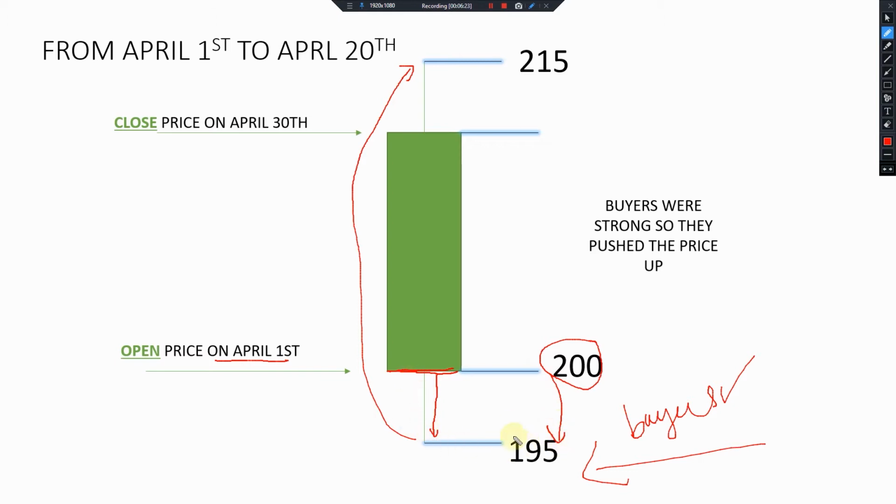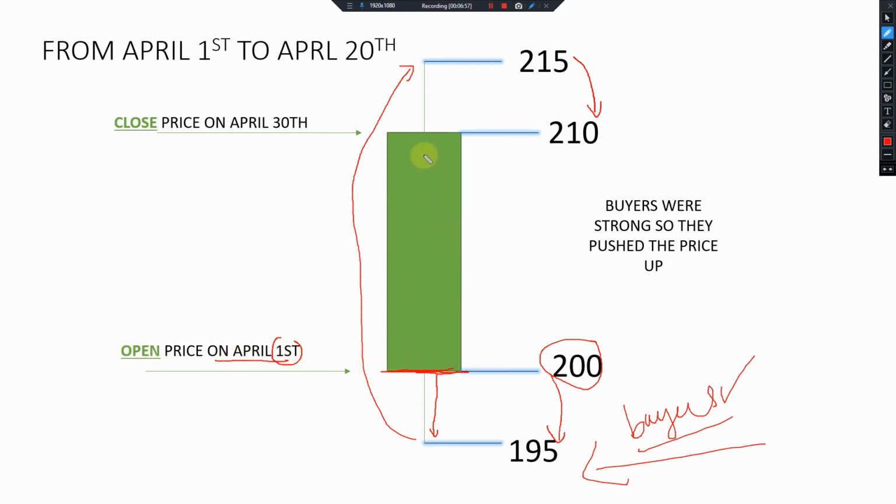Then when it reached 195, there were so many buyers, which made the price of rice go from 195 to 215. After it reached 215, the demand reduced a bit and it came back to 210. The opening price of April 1st is called the opening price.